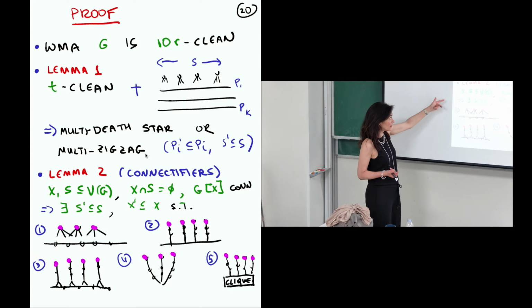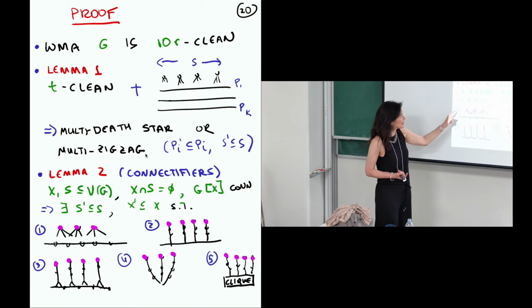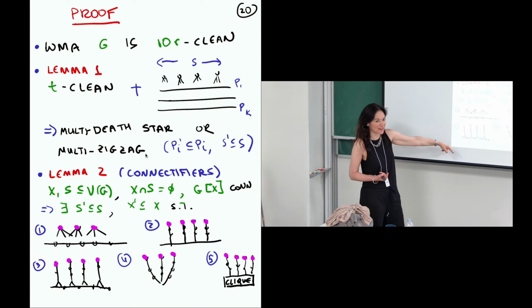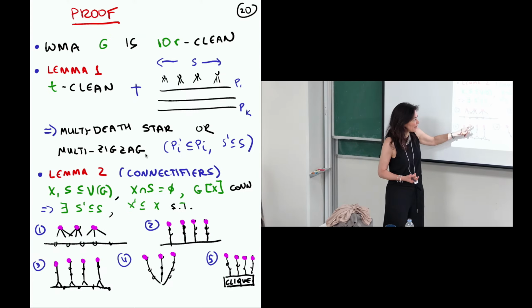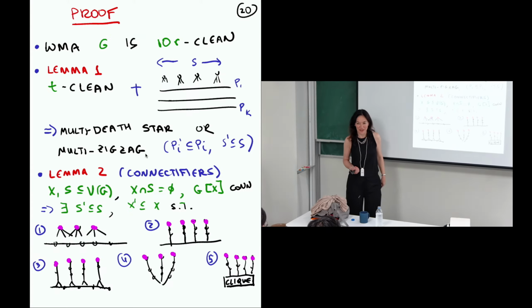So then the second lemma is a nice lemma that says if you have a set of vertices always with neighbors in a fixed connected graph, then there's a big subset of them that attaches in this connected graph kind of neatly. And neatly means, so I've drawn some of the words.